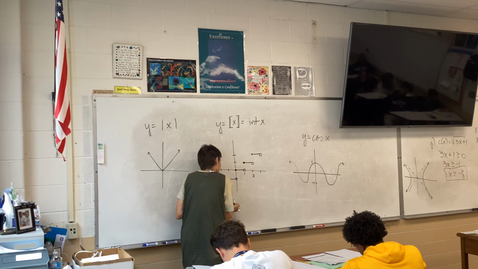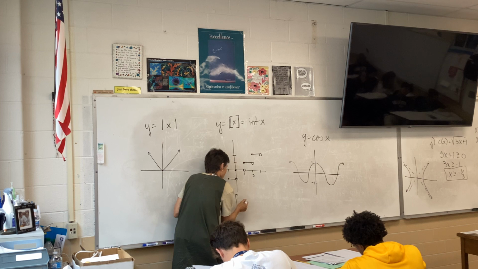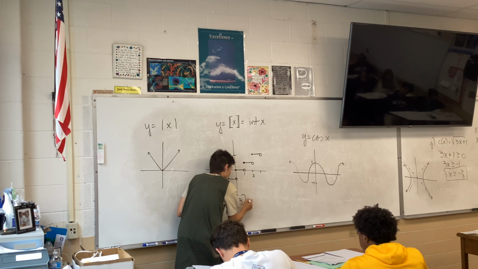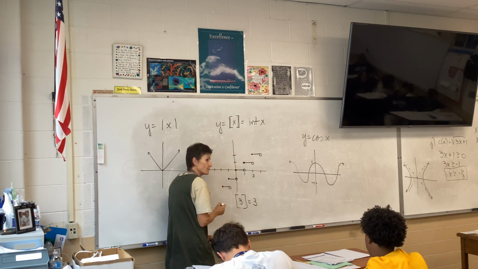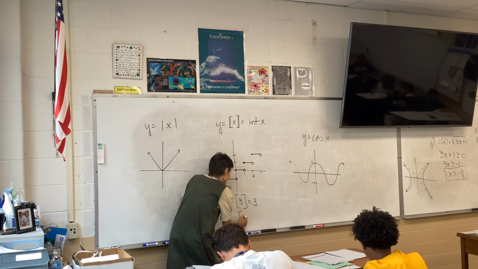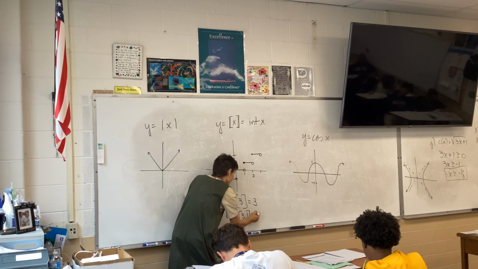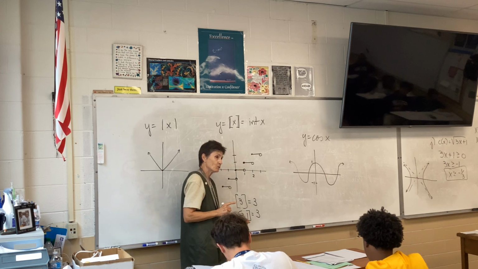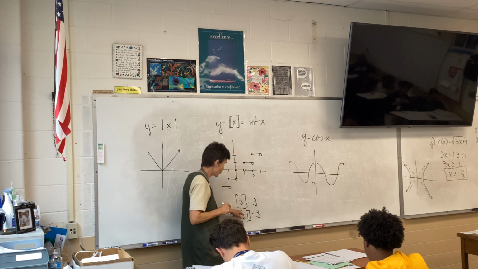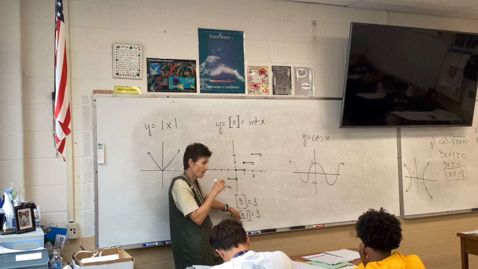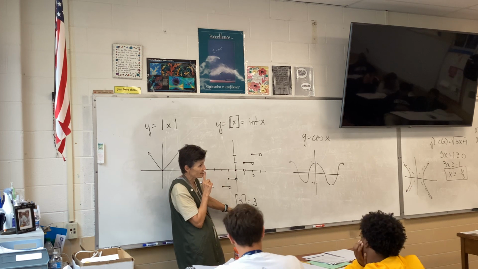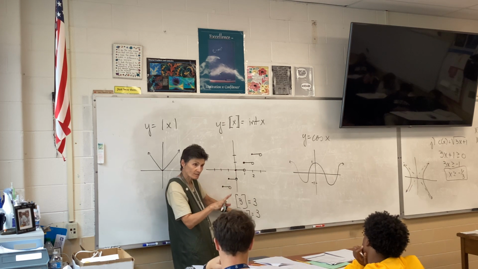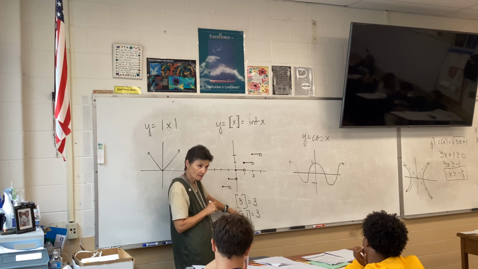So, if we had the greatest integer of 3, that would be 3. But if we had the greatest integer of 3.1, that would also be 3, because the value is the integer closest to this number, but not bigger than it. So the integer closest to 3.1 is 3.